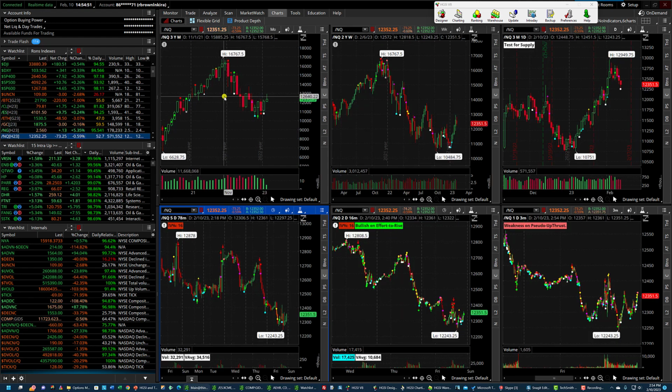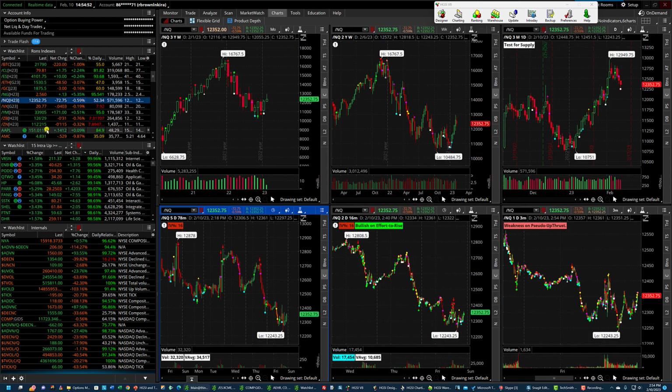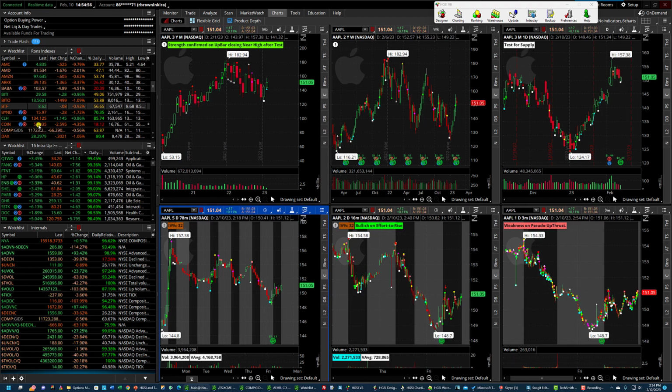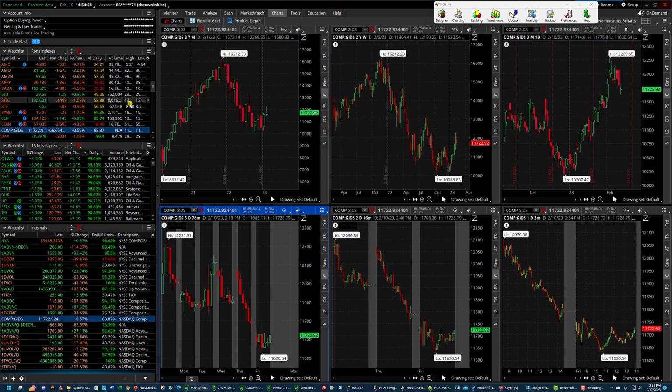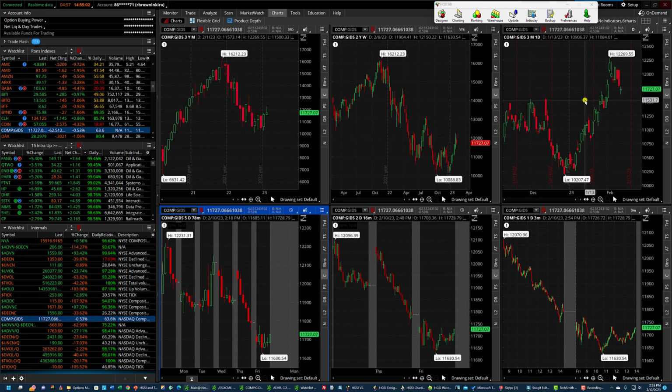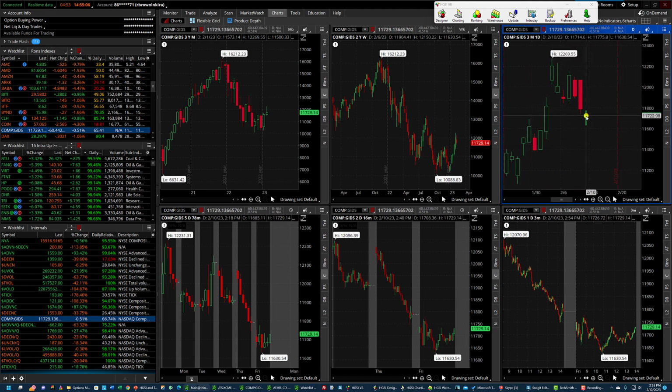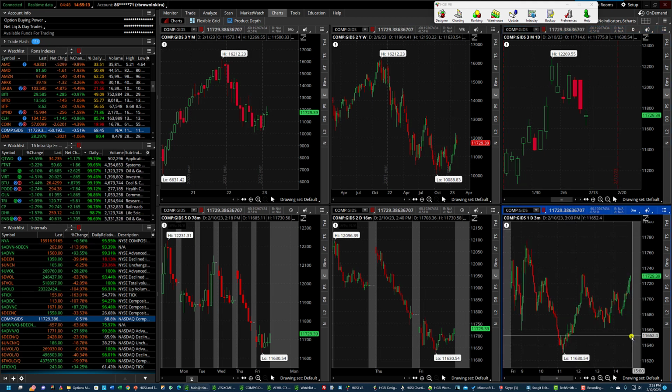See what the NASDAQ, let's see what the comp's doing. I see Apple's up again barely, but okay. Here we go. This is the comp. This is the daily chart. You can see that it gapped down and opened right here, and it's moving up. And if we look at the 3-minute chart, you can see what kind of a wild day it was.